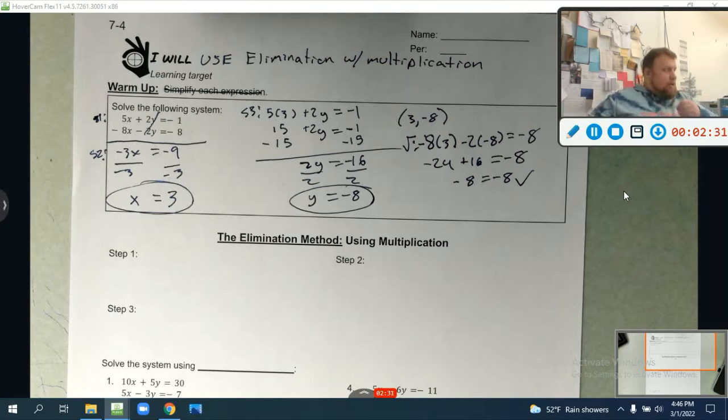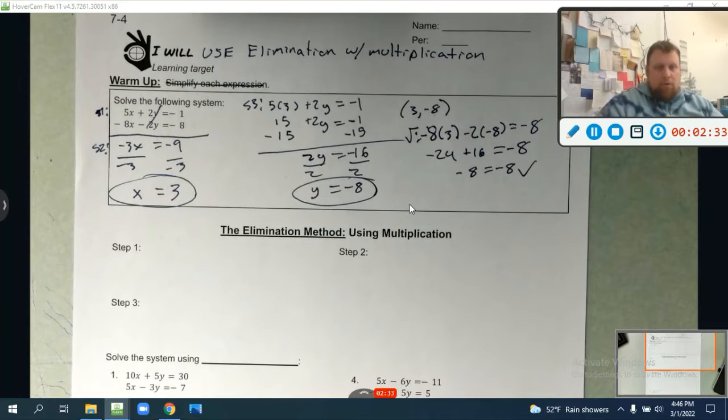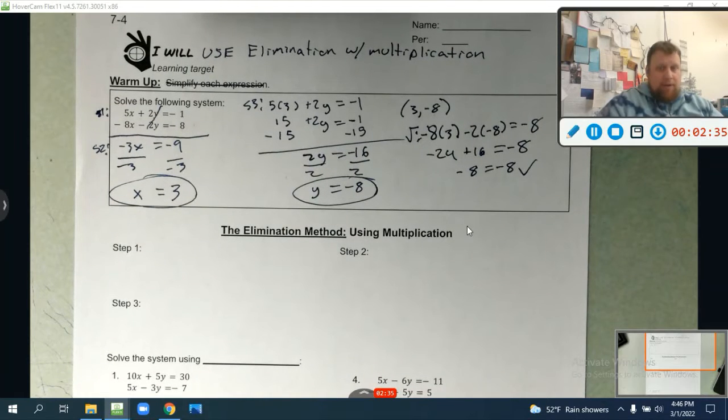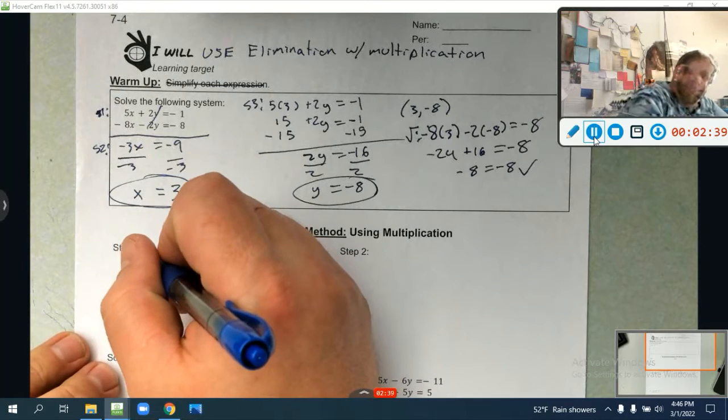All right. Time for writing down the elimination method using multiplication. Step 1.